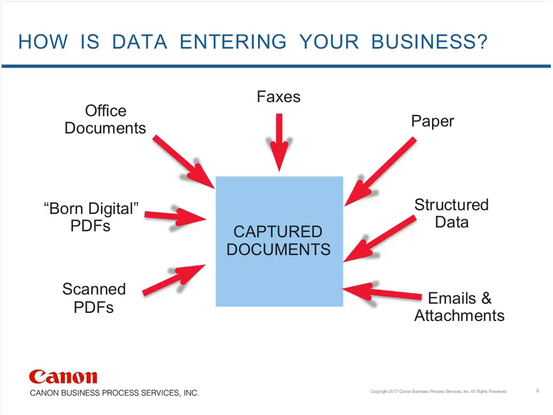And data comes in through traditional paper documents still, faxes and e-faxes, you have emails and attachments, office documents like Word, Excel, PowerPoint, and then you have your PDF documents, which could be scanned or created as PDFs, and then we have structured data, and that would be your e-forms or mainframe data. Yes, that still exists today, and potentially data from mobile applications. This influx of data can be compounded by multiple locations.